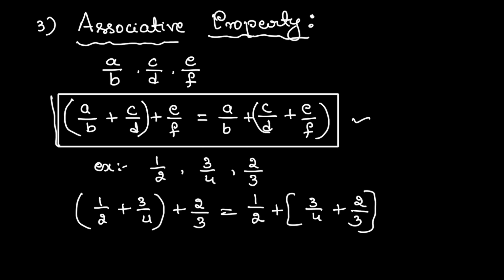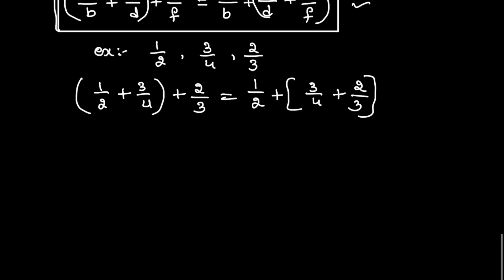First we should simplify the terms inside the bracket. When addition comes, we should take the LCM. For 2 and 4, the LCM is 4.